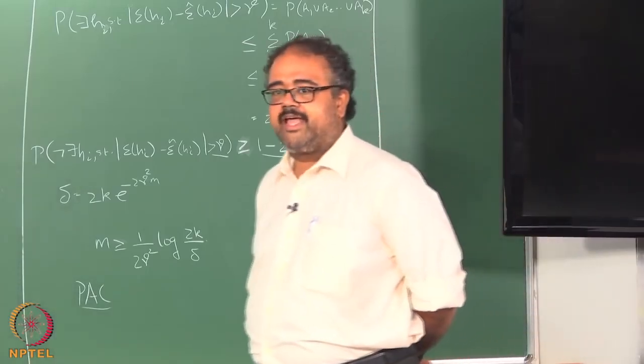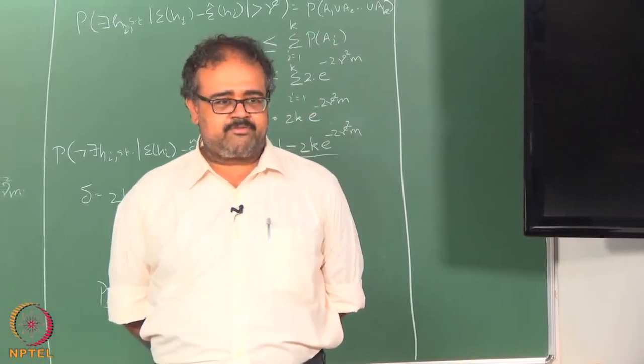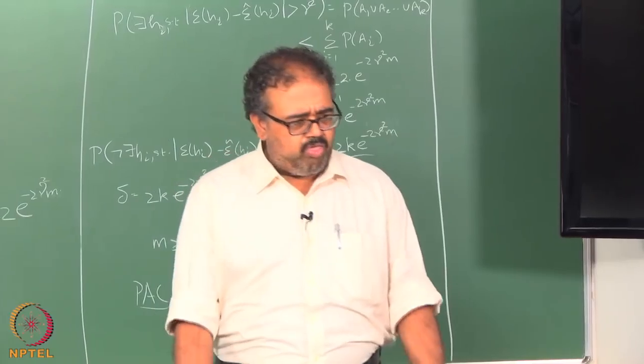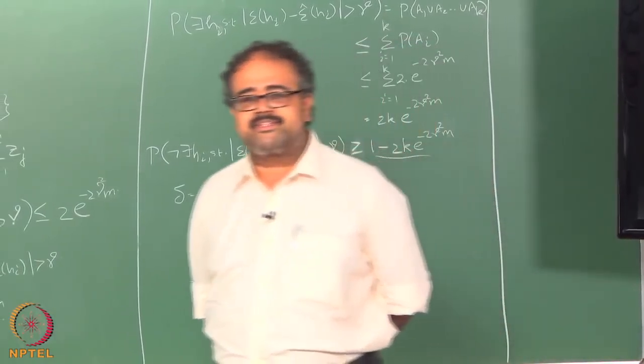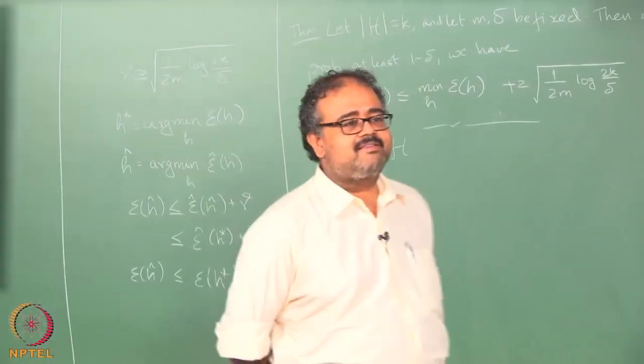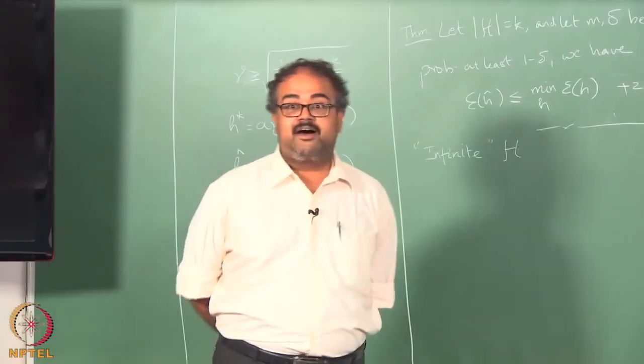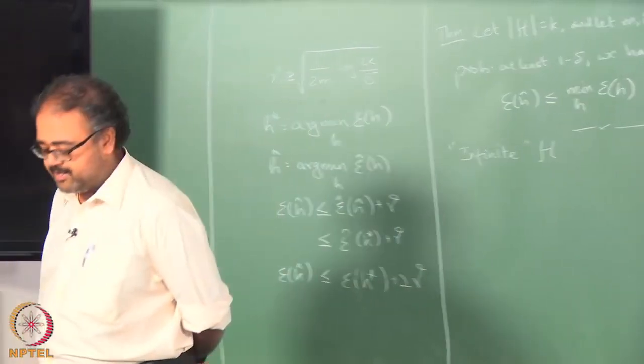Let us say I use 64 bits to represent floating point numbers; then there are only finitely many classifiers I can represent with 64 bits. It is a large finite number, but I can still go back.